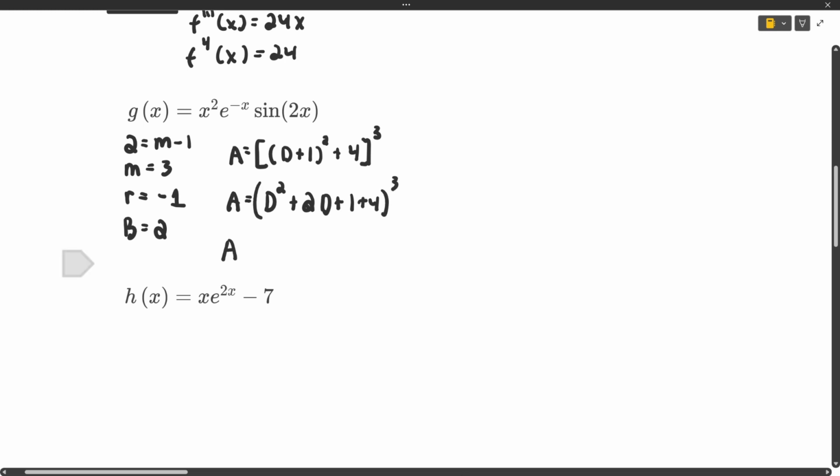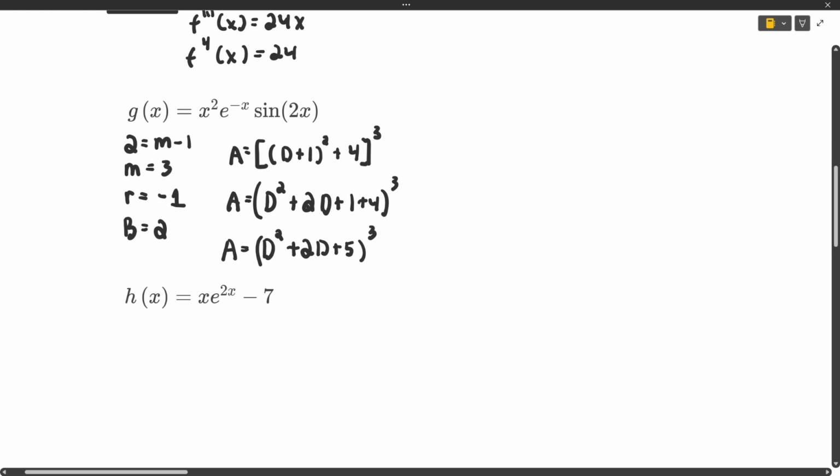So we have D squared plus 2D plus 5, all cubed. Then you would multiply all of them times each other 3 times.